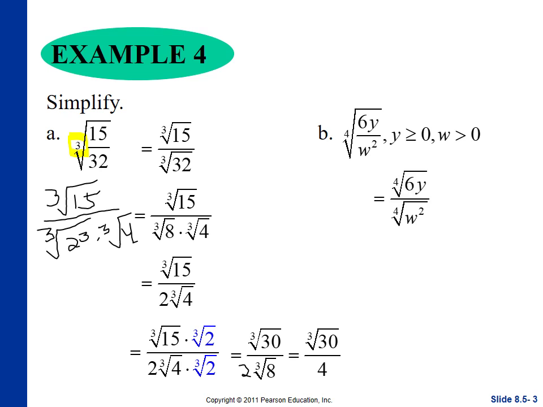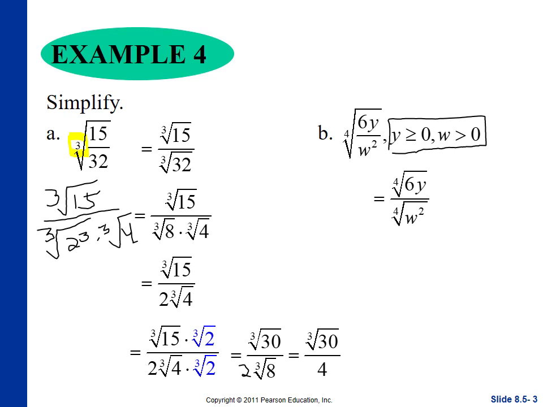Again, we're going to end up with the 4th root of w squared in the denominator here. You'll notice you need to have this in the problem, because if w is 0, it's moot. It doesn't matter what you put in there. It's going to be 0, or it's going to be undefined. So the 4th root of 6y over the 4th root of w squared.